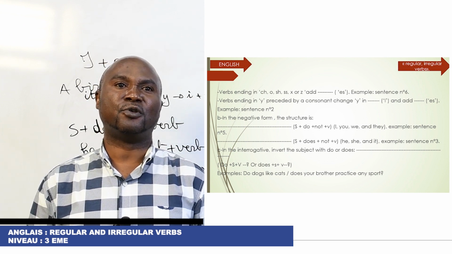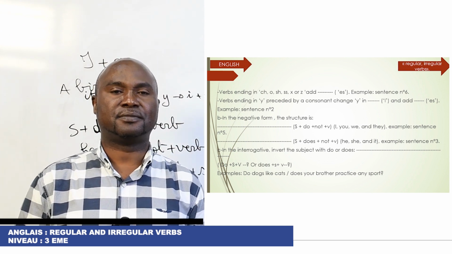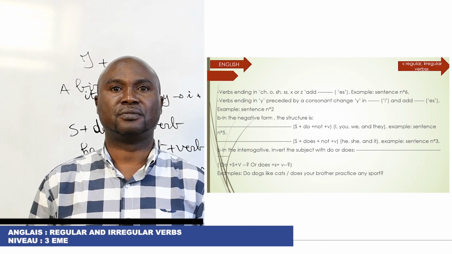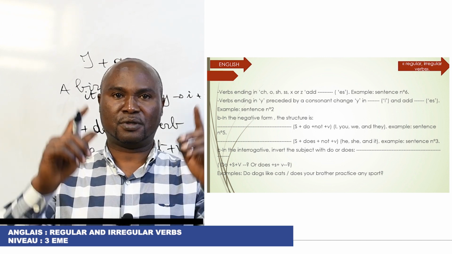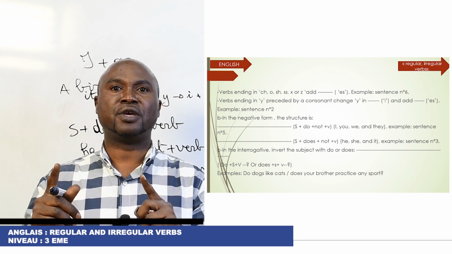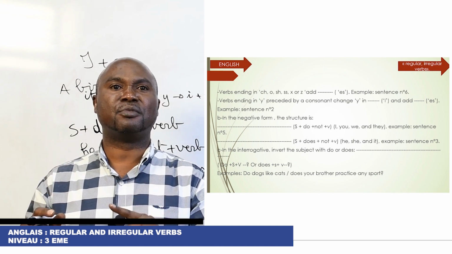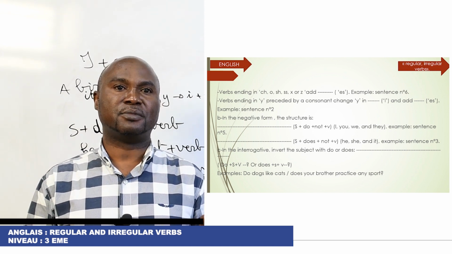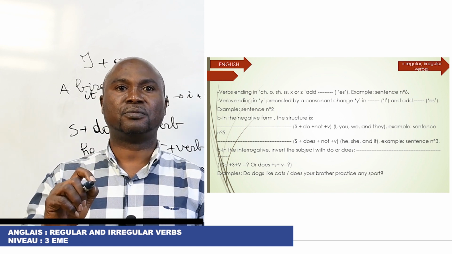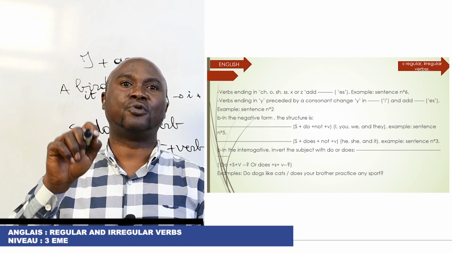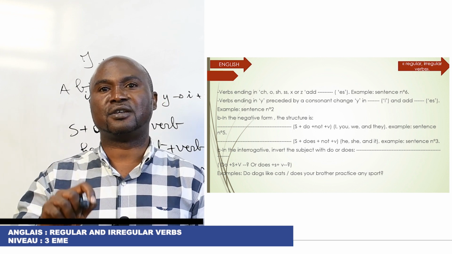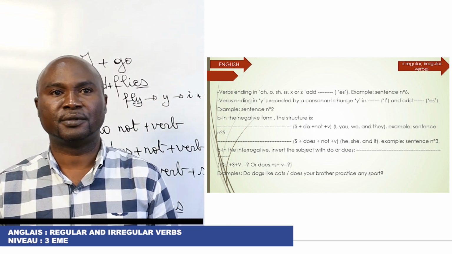In the affirmative form, we have subject plus verb. Example: I, you, we, and they in sentence number 1. Subject plus verb plus an s for he, she, and it. Example: sentence number 4.